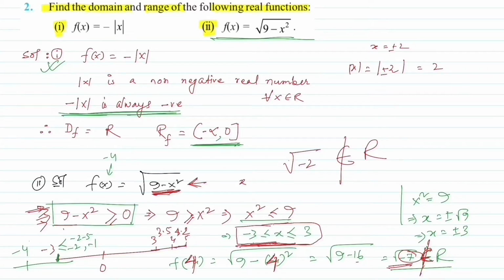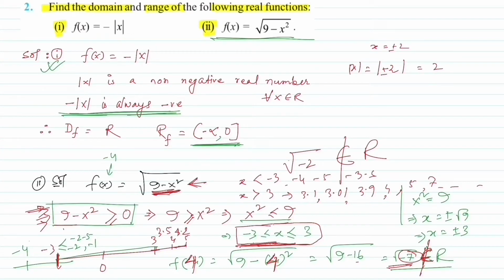Greater than 3 means 3.1, 3.01, 3.9, 4, 5, 6, 7, etc. And less than minus 3 means minus 4, minus 5, or minus 3.6, such kind of values.